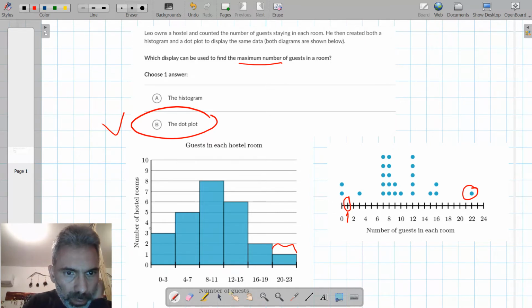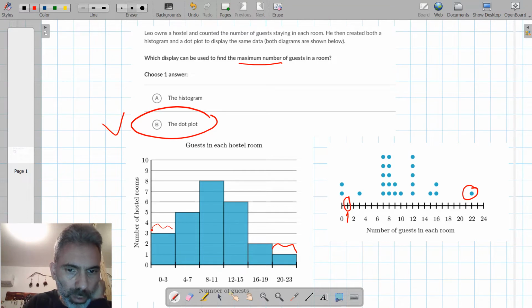whereas here in the histogram we have a bucket from 0 to 3, and we don't know where the data points, the exact values of the data points. So we cannot tell if the data points here are 0 or 1 or 2 or 3.